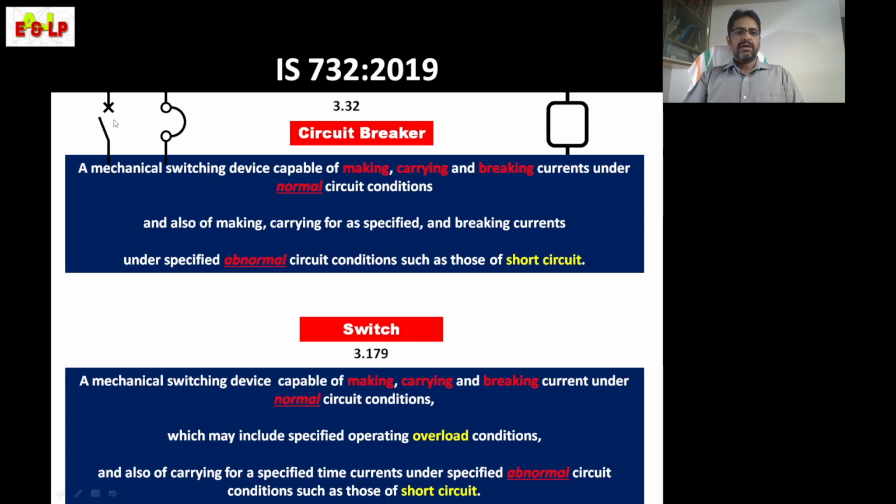Please note these notation symbols also. These are the standard symbols we are using. Actually, we will go in depth about these symbols also.